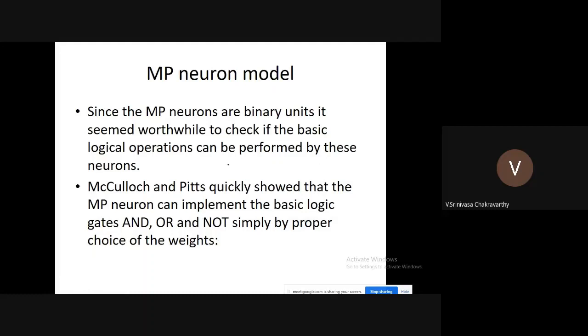So originally McCullough and Pitts proposed this neuron model as a model of the real neuron in the brain, right? And they wanted to understand using such models how the brain computes, how the brain works. And this was in the early 1940s, in the last century, when the Second World War was going on. At that time, they were using large computers, like for example the ENIAC computer in the US, being used to crack secret codes and all that.